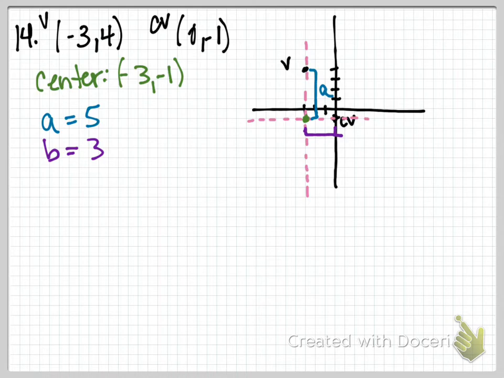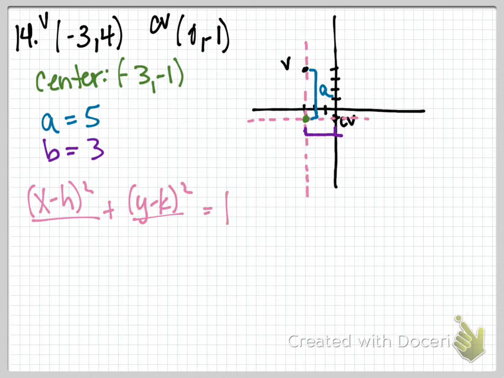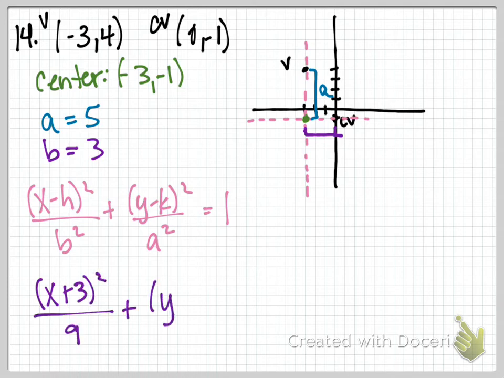If you went up and down for your vertices, that makes it a vertical ellipse. So that just means that whenever you write your equation, what matters is where A goes. A squared will go under the Y, B squared will go under the X. And now just plug in what you have. So you have x plus 3 squared over 9 plus y plus 1 squared over 25 equals 1. And you're done.